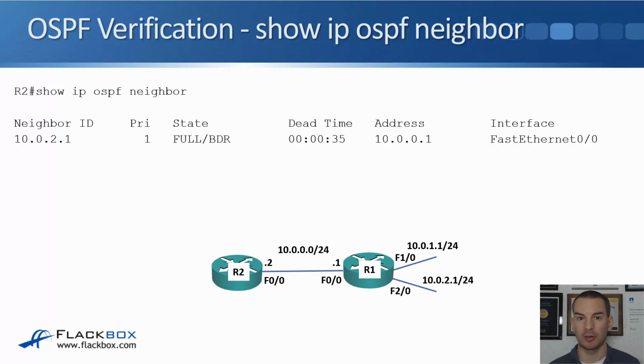Whenever I configure OSPF, the first command I always do after that, once I've configured both sides of the link, is show IP OSPF neighbor, check that the routers can see each other and they have formed an adjacency. So you see the example here, the neighbor ID is 10.0.2.1 and it's reachable out at interface fast Ethernet 0/0.